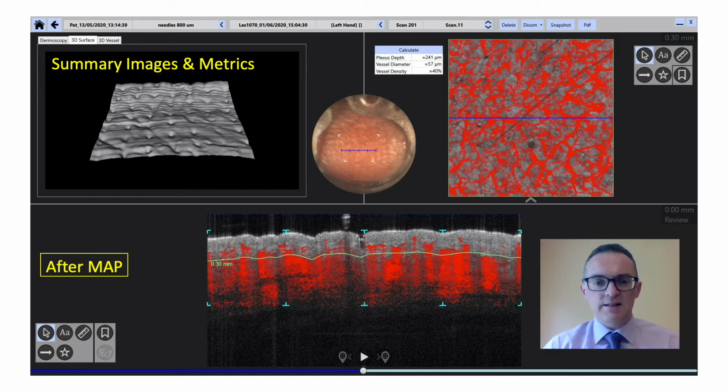Here we see a series of summary images and some metrics. It shows the pores created in the skin by the microneedles, and also the improved blood flow, or creation of erythema, due to the fact that we're causing these tiny micro insults across a particular area of the skin.